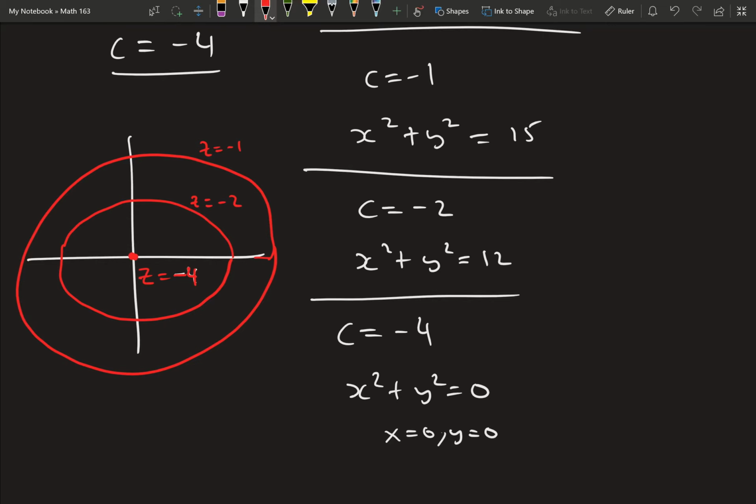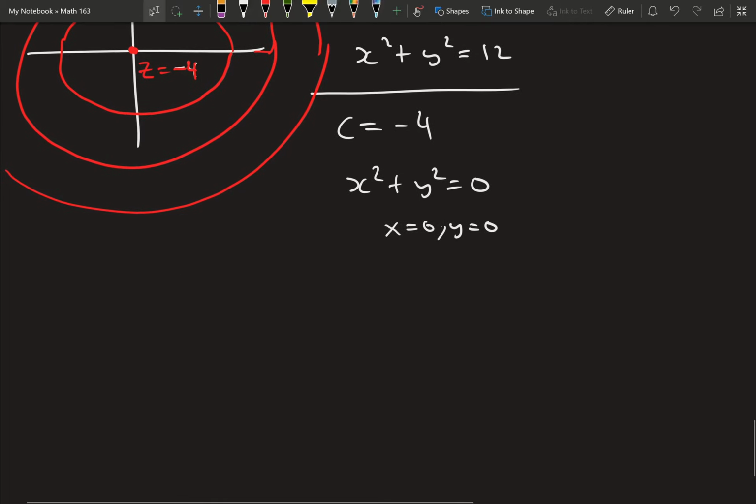And then at 0, you have the full circle of radius 4. Sorry, I ran out of space there. But this says z equals 0. So these are the level curves, which, just like we saw in chapter 12, you can push up and down to the respective planes, z equals -1, z equals -2, and they will be there.